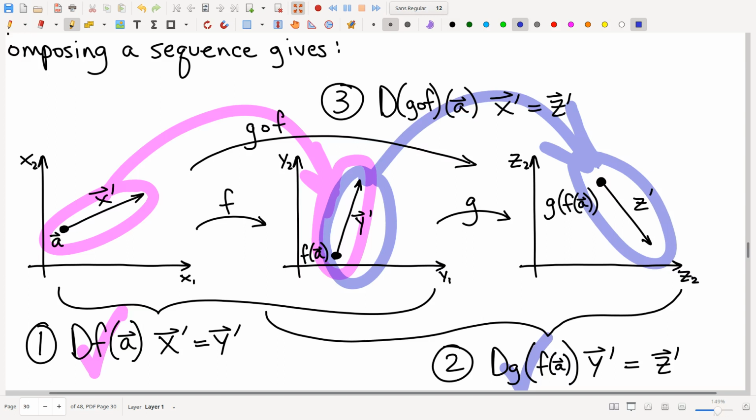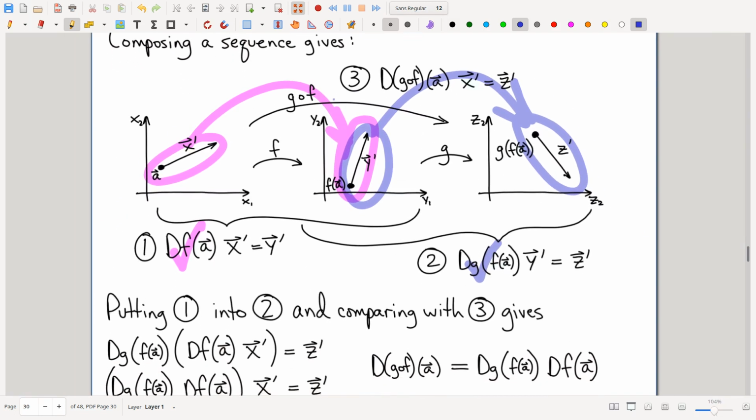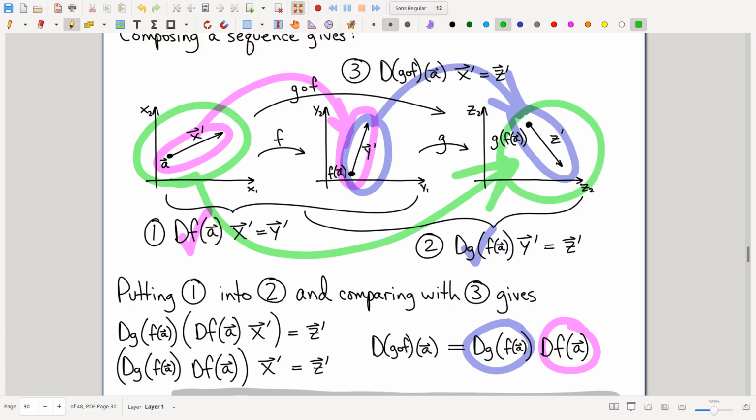Well, I multiply by this factor called df, and then after that I multiply by this other factor called dg. Altogether, I'm multiplying by a product of two separate matrices, df and then dg. And that's what altogether turns my x prime into my z prime. That altogether then is the derivative of the composition.